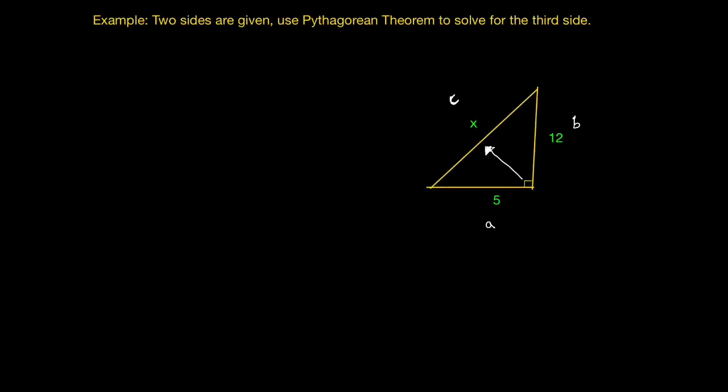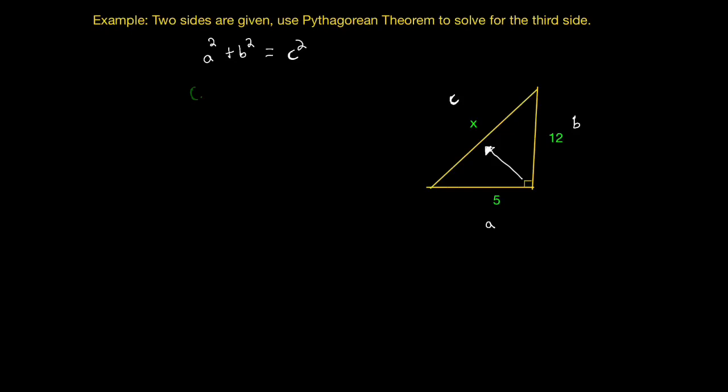So let's go ahead and lay out the skeleton, the general formula: a squared plus b squared equals c squared. And now we're going to apply the substitutions in order to solve for the missing variable. So a, I'm going to replace it by 5.